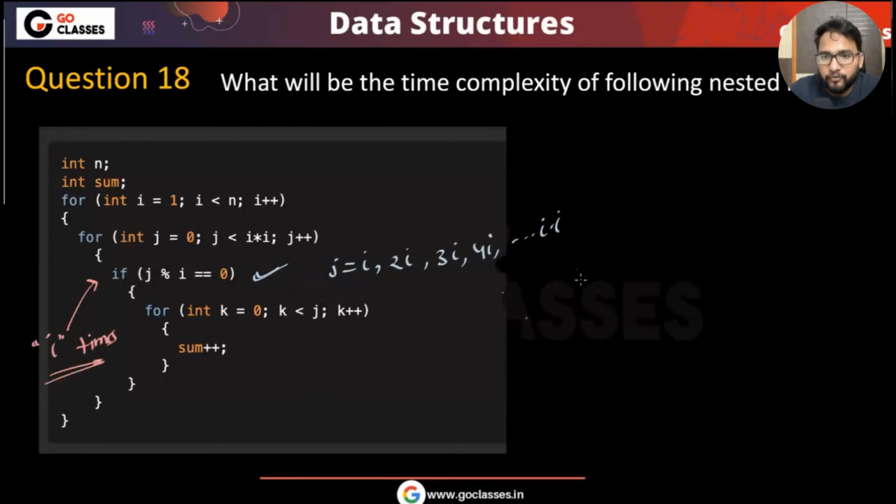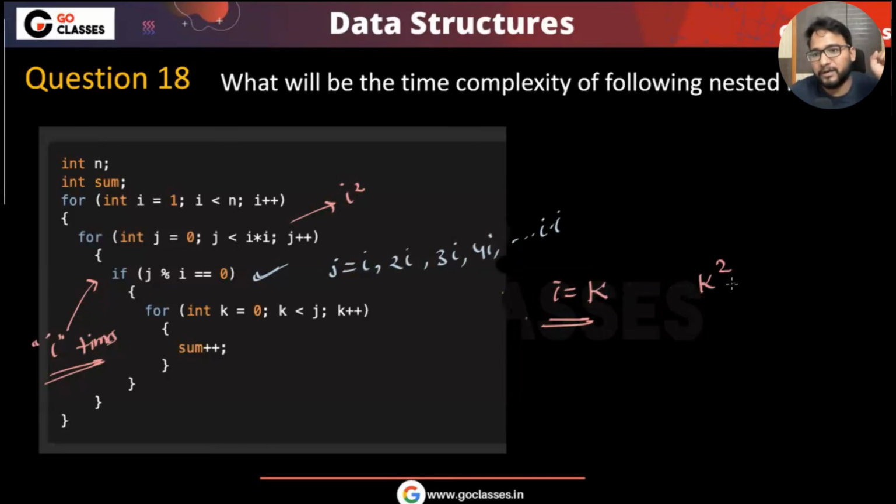So you can say for i equal to 1, this is going to run i square times, that is for sure. This is going to run 1 square times. For any i equal to k, this is going to run k square times.